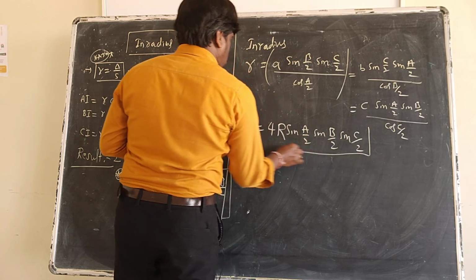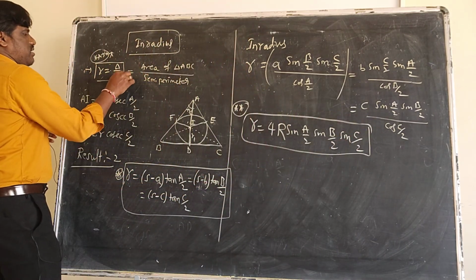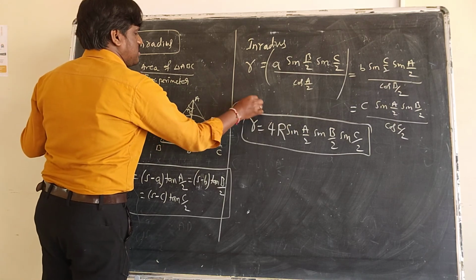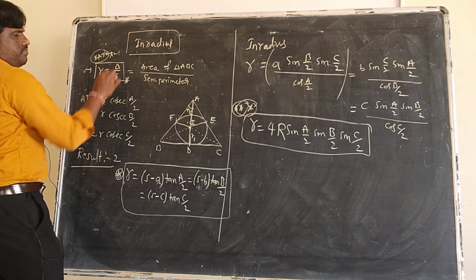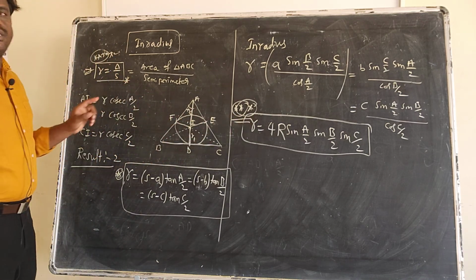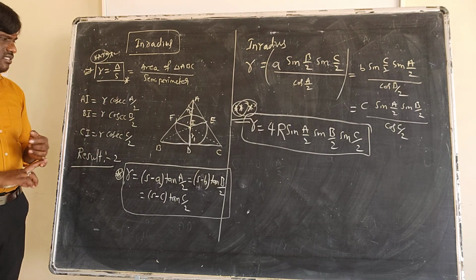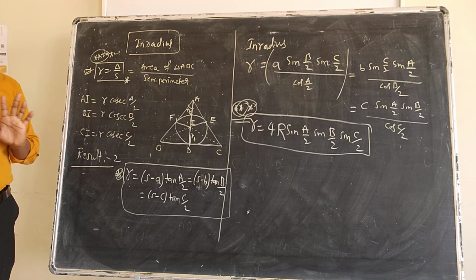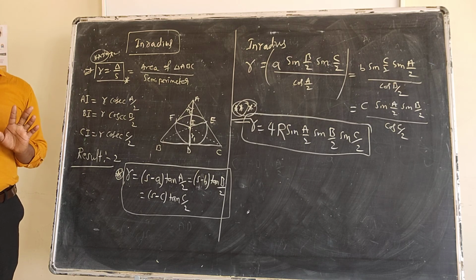Remember this one and the earlier one, as in most cases in JEE Advanced they use these. So these are the 2 more formulas you need to understand. These are all the formulas of in radius. If you want to find the in radius, you can use these many formulas. See which is suitable for the question, and apply that.